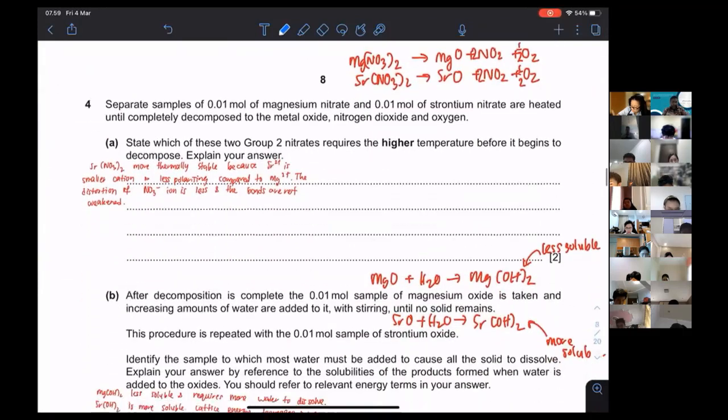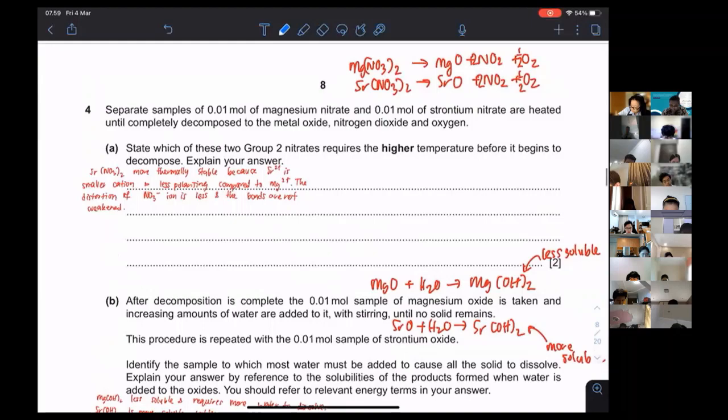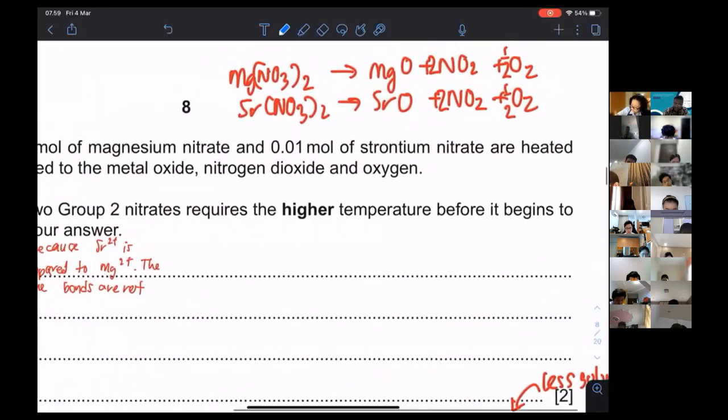Okay, next question, number 4. Separate samples of 0.01 mol magnesium nitrate and 0.01 mol strontium nitrate are heated until completely decomposed to metal oxide, nitrogen dioxide and oxygen. I've written the equation for you: magnesium nitrate gives magnesium oxide, NO2 and O2.